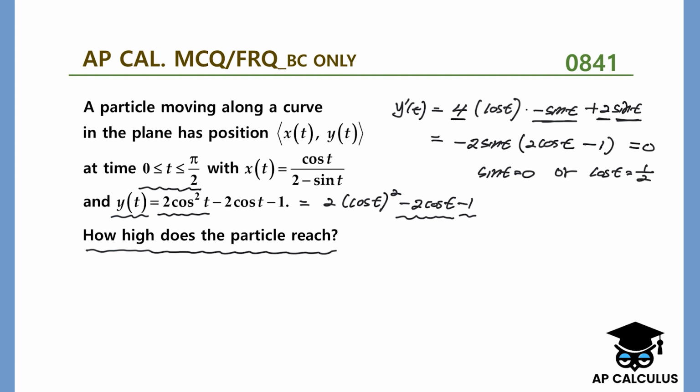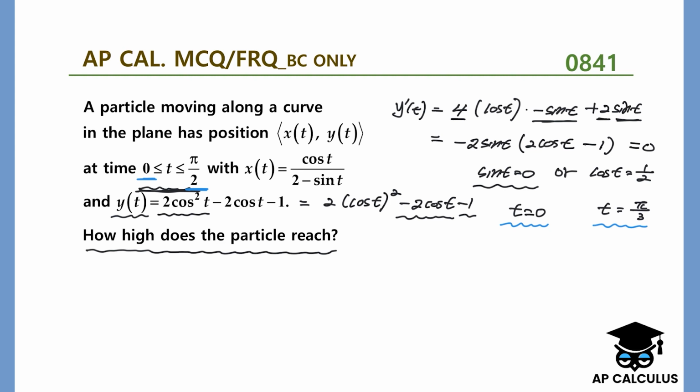So sine t is equal to 0 when t is equal to 0. That's it on this interval. And cosine t is equal to 1/2 when t is equal to pi over 3, since the interval is from 0 to pi over 2. This is our endpoint, and this is the only critical point where y prime is equal to 0.